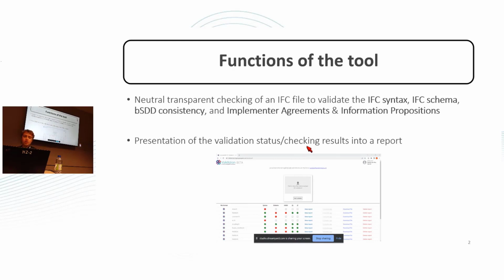So the function of the tool is to provide a neutral, transparent checking of an IFC file to validate it against the IFC syntax, the IFC schema, BSDD consistency, and implementer agreements and information propositions. And this tool provides a report, so it presents the detailed results of the validation, as well as the validation status.